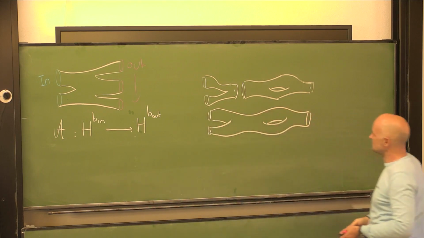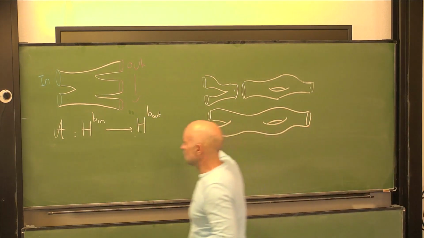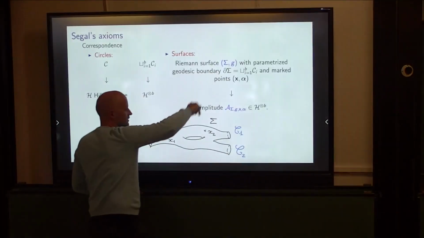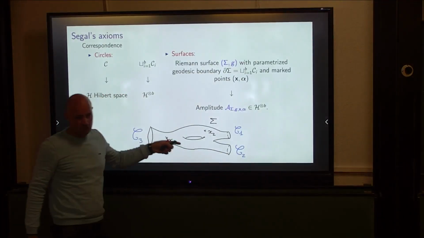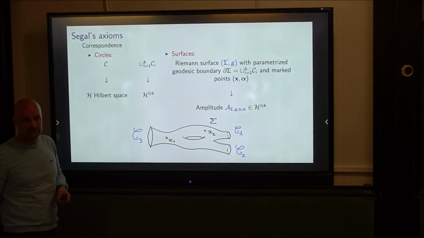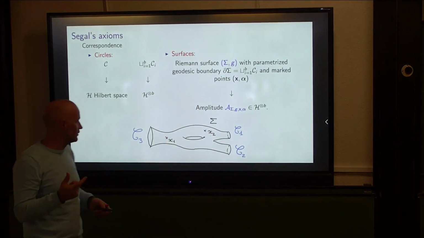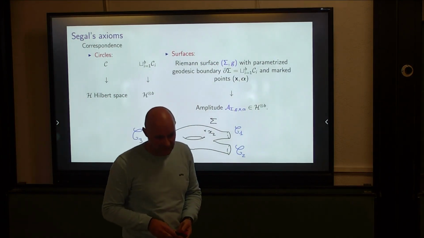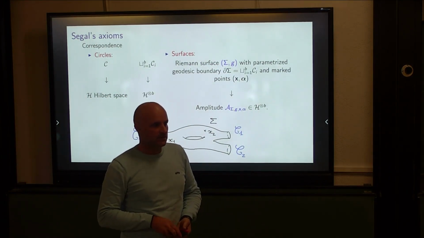And this correspondence has the property that when you glue metric surfaces, this map sends it to composition of operators. So it sends the gluing of surfaces to composition of amplitudes. This is something that I will explain in more detail in a minute.